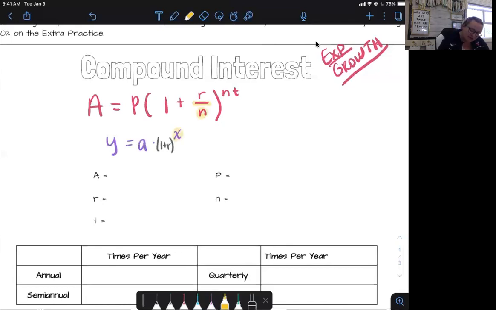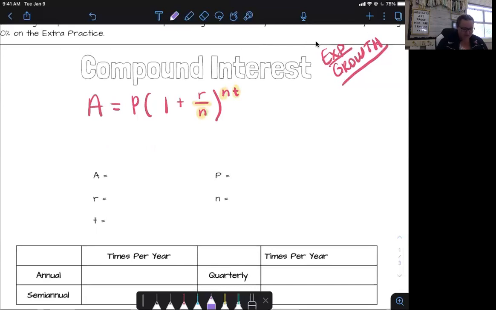And x is still representing time in our exponent, but we have to multiply the time by n as well. It still follows the same format, except we're dividing the growth rate by n and multiplying the time by n in our exponent.